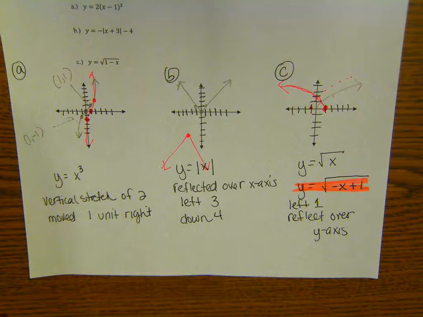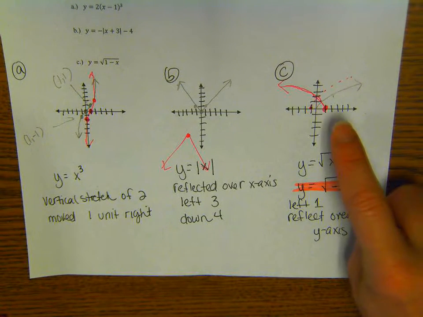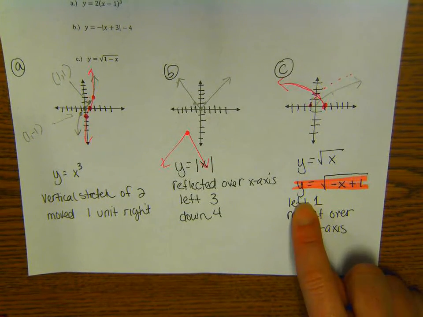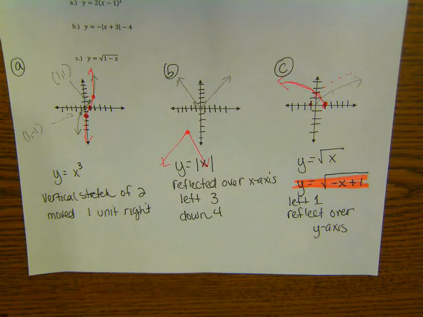So here's my question for you then. In order, can you list another transformation that would get to the pink graph? If I had done what first and what second. In my case, I did left 1 first, then I reflected over the y-axis. What is another set of transformations that would get it to be the same spot? What if I had reflected first?